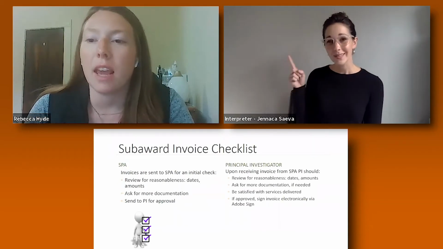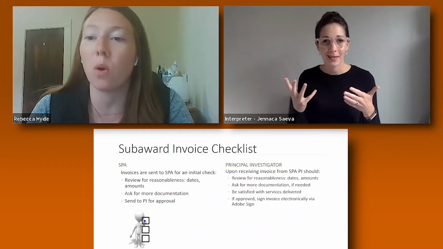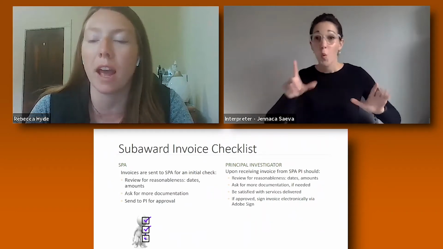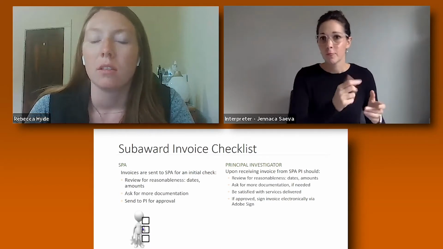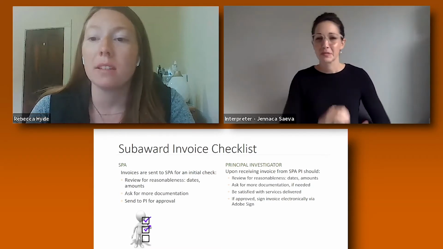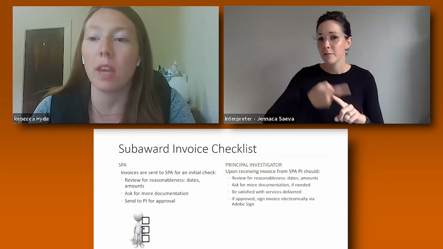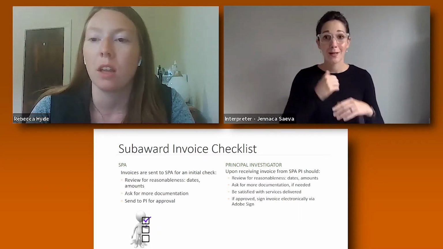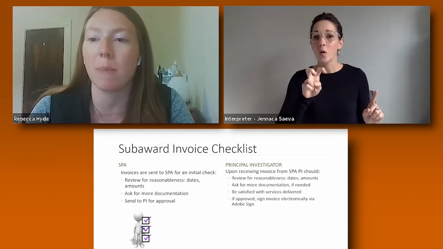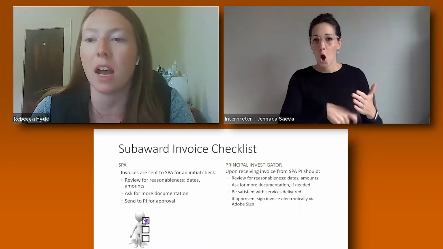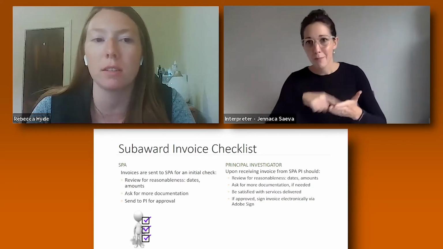This is just a simple checklist to show the different roles in monitoring a subaward after it's been granted. So in SPA, every month or every couple of months we will get an invoice from the subaward showing their charges, how much they've spent that month, what they spent it on, and the dates that they incurred those charges.